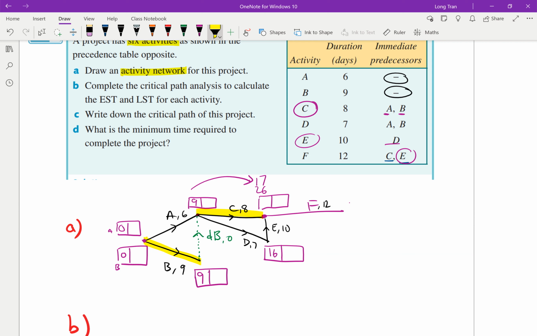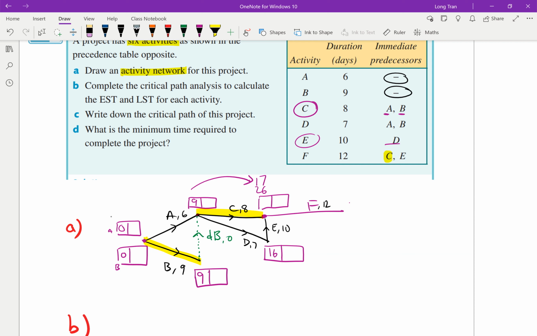But remember, F can't start immediately because F relies on the fact that C and E complete together. So even though C finishes after 17, I still have to wait an extra 6 plus 3, 9 minutes, until D and E are complete. That way, F can finally start.